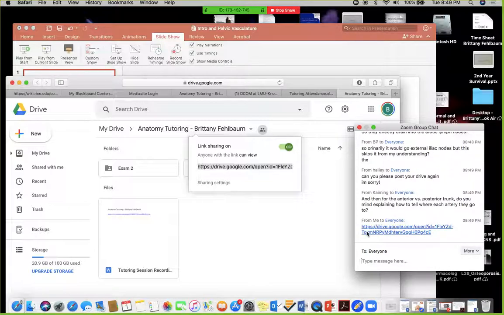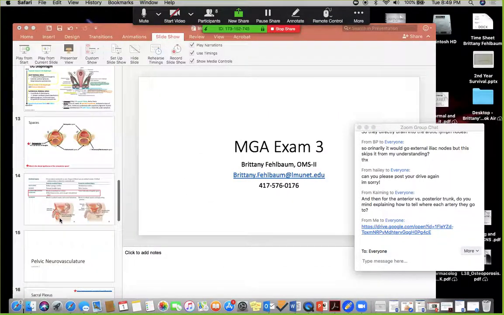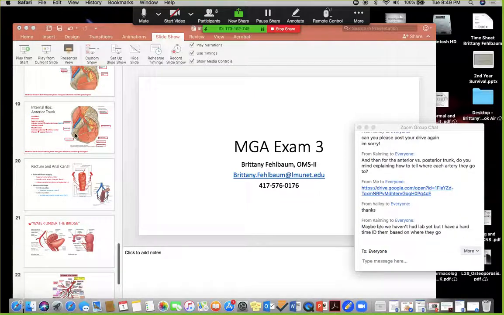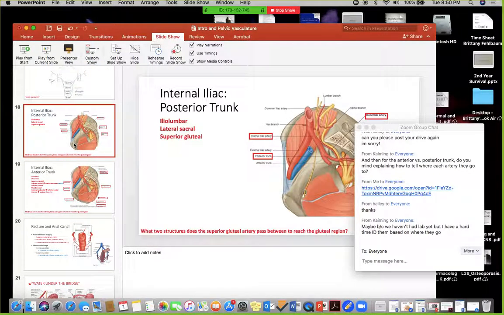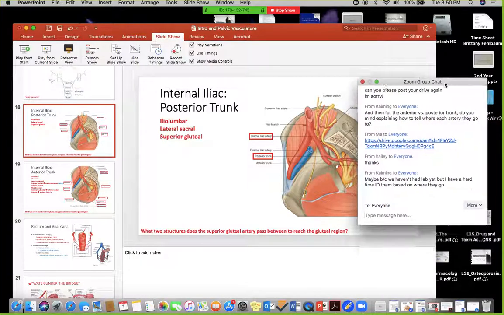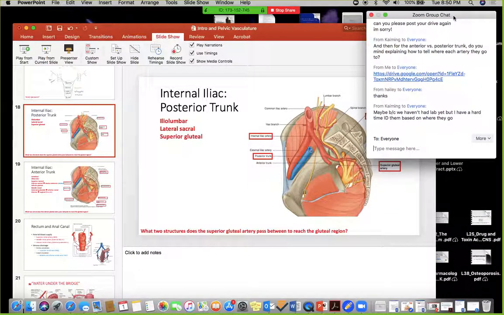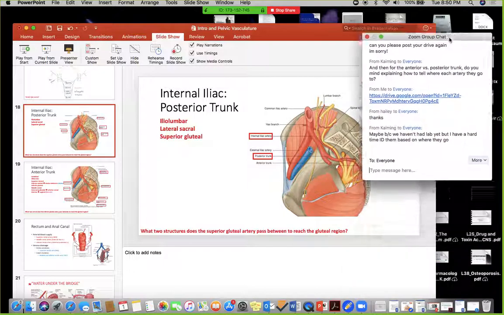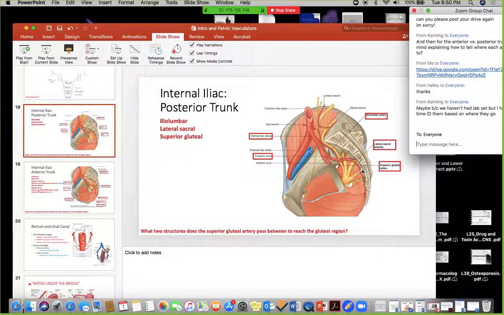Okay, there's the drive. Okay, let me go back. Yeah, and when you have lab, it's going to come together a lot easier. Okay, let me just run through them real quick again though.